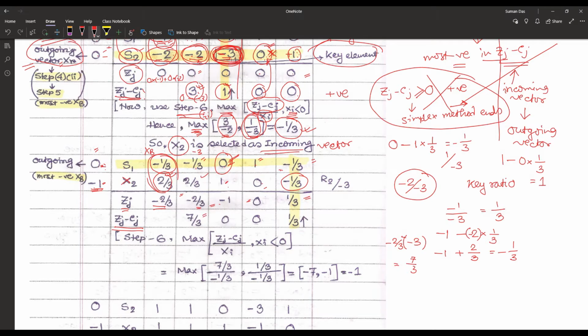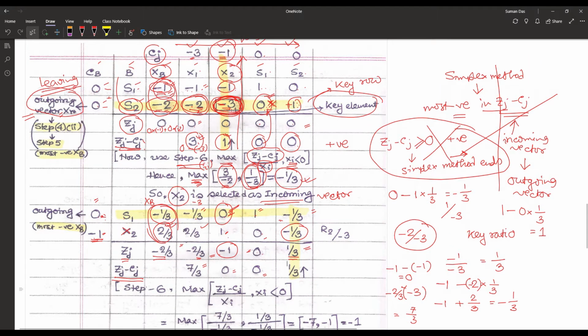So that is written here. Next one, minus 1, and for x2 Cj was minus 1. So the result is 0 here. S1's coefficient was 0, so 0 minus 0 is 0. And finally 1 by 3 minus 0 is equal to 1 by 3, just according to the Cj here.